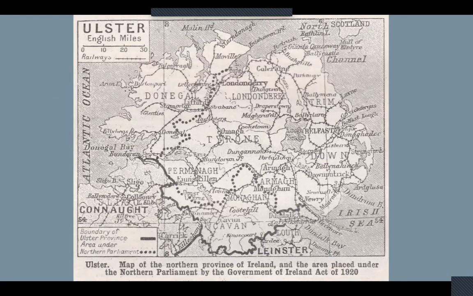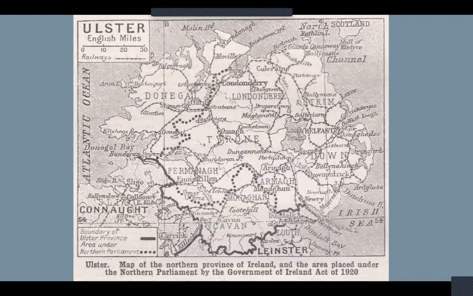What's really interesting is that if you follow the dotted line, that is the existing border of Northern Ireland, where the 6 counties were partitioned off to form Northern Ireland, and the rest of the map is what was originally the Irish Free State and was later to become the Irish Republic.